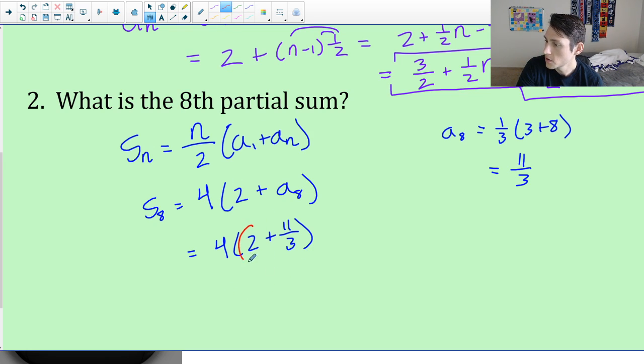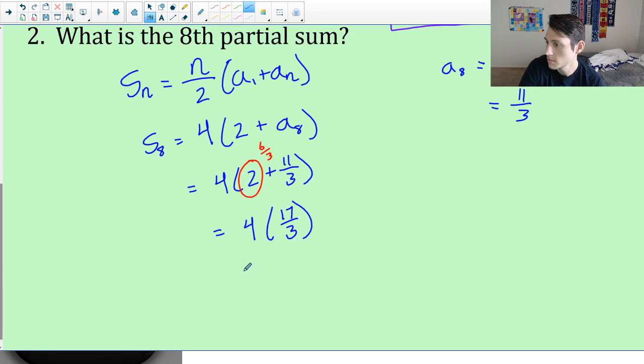2 plus 11/3. 2 I can think of as 6/3. So 6/3 plus 11/3 is 17/3. 4 times 17, 4 times 10 is 40, 4 times 7 is 28, so 68/3.